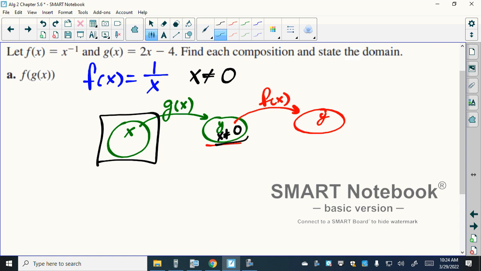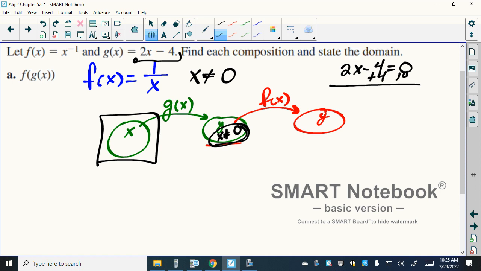So we need to see what value would give me 0 for the range of g of x. So it's really looking back to this here. What's going to make this 0? So what we can do is set 2x minus 4 equal to 0 and solve.